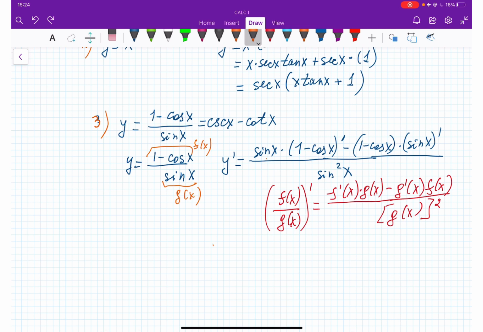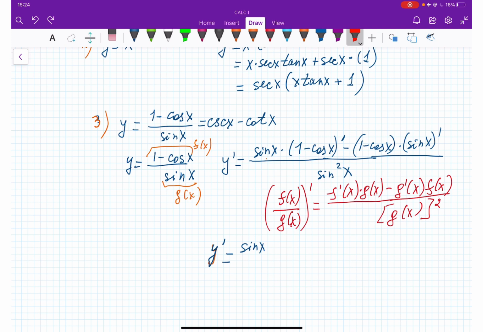So y prime is equal to sine x times the derivative of 1 minus cosine x. The derivative of 1 is 0. The derivative of cosine would be negative sine, right?